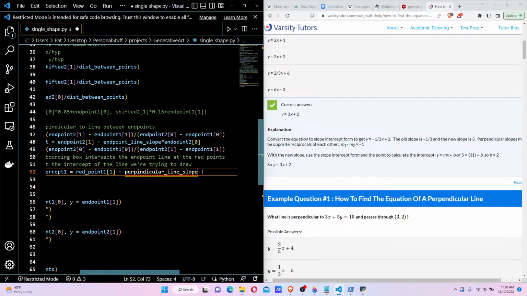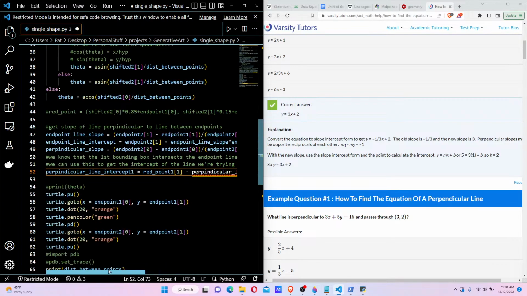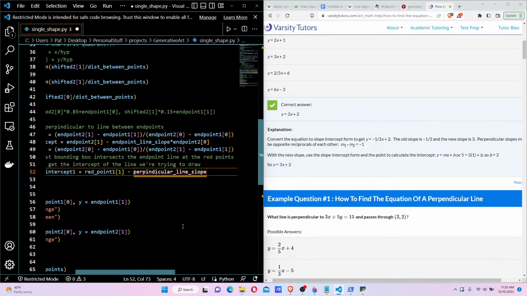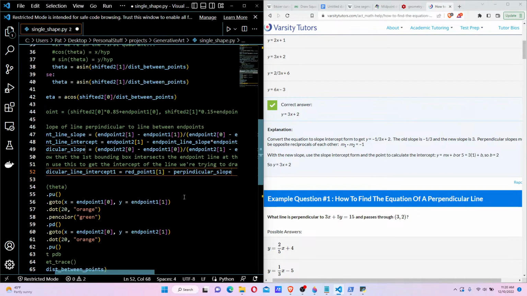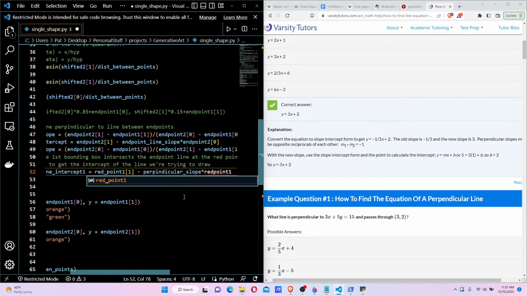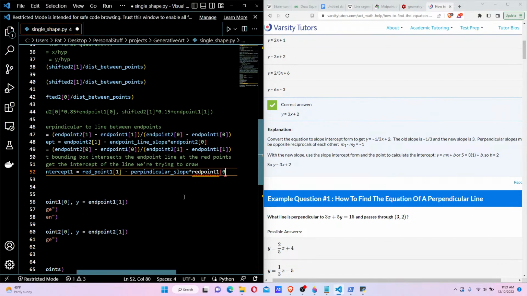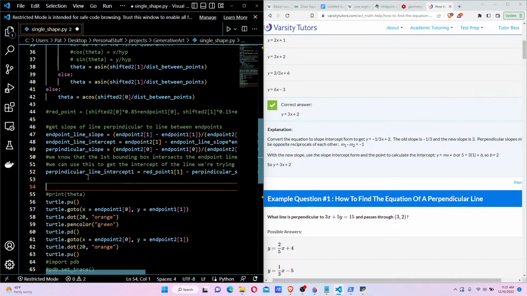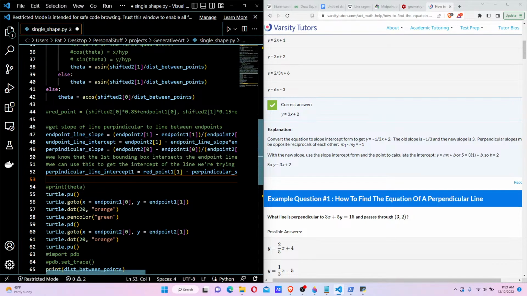And then the perpendicular line slope times red point 1 of 0, so the x value of red point 1. Okay. And then it should be the same thing for getting perpendicular line intercept 2.